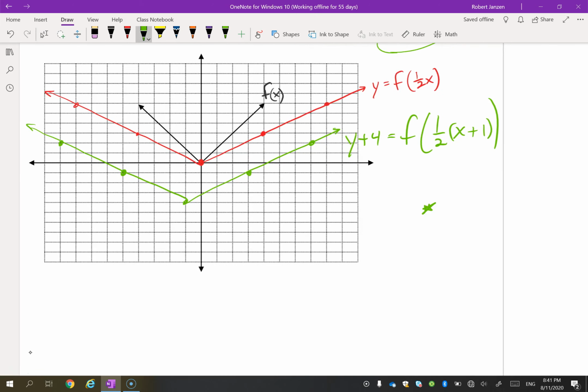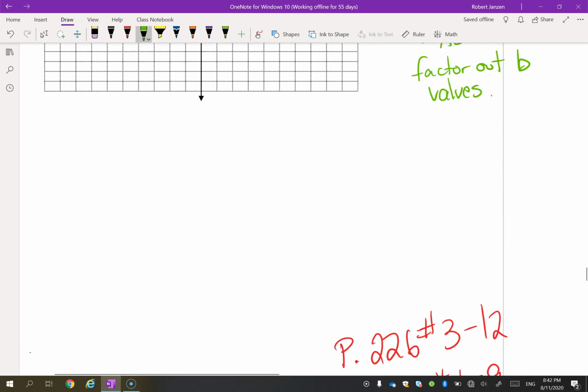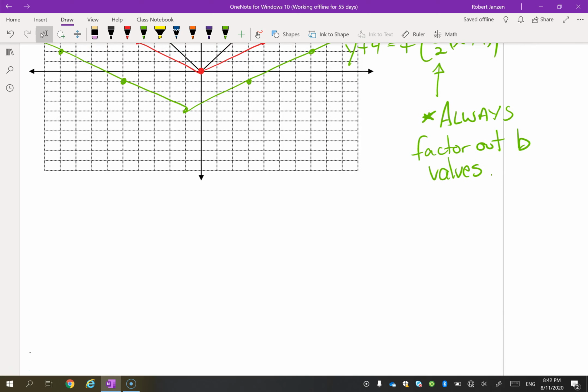By the way, there is some homework questions. Let's put a little star here. Anytime you have a b value, I'm going to use this word always. Always is a great word because you know you always have to do this. There's no exceptions. Always factor out b values. Okay, what do I mean by that? Well, for example, if this was the equation, y equals f of 2x plus 4.